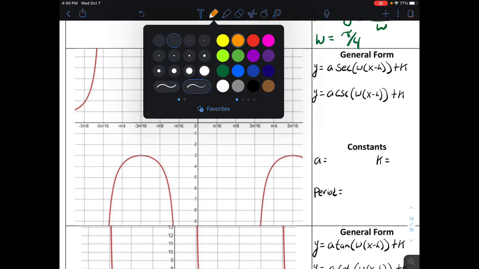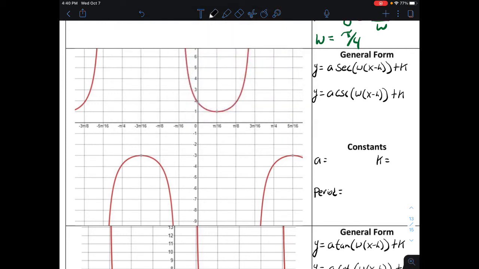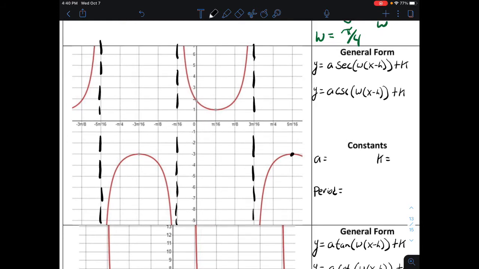Now remember, if we have a secant or cosecant graph, it's going to be beneficial to us to identify where the vertical asymptotes are. So I'm going to indicate those here, and that's going to be where I start seeing that vertical unbounded behavior, and I get those noted. And we also are going to want to pay attention to the relative extrema, the relative maxes or mins.